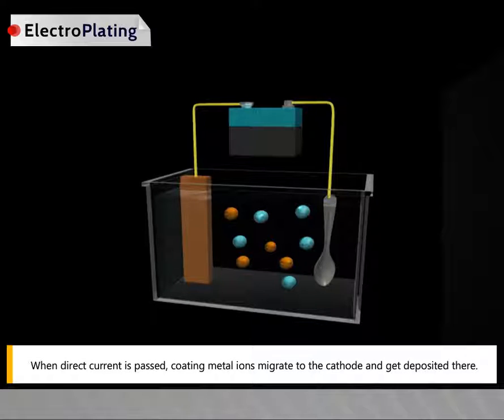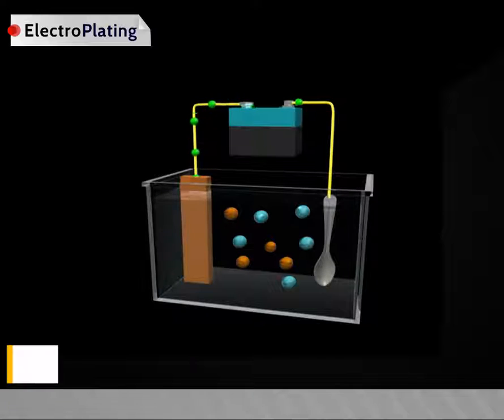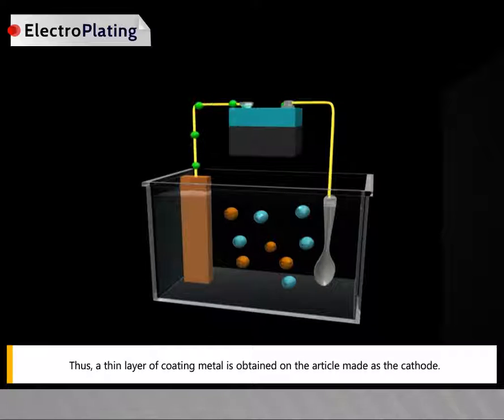When direct current is passed, coating metal ions migrate to the cathode and get deposited there. Thus, a thin layer of coating metal is obtained on the article made the cathode.